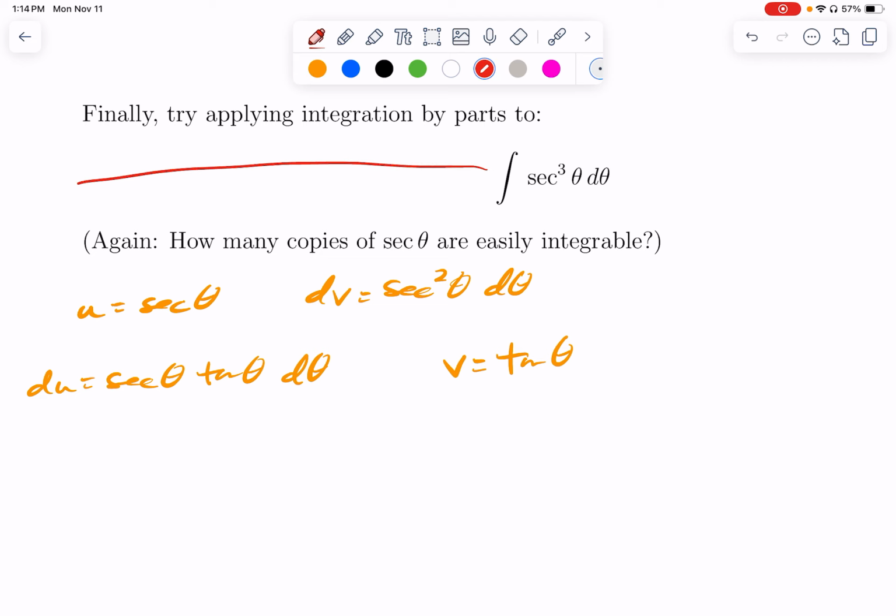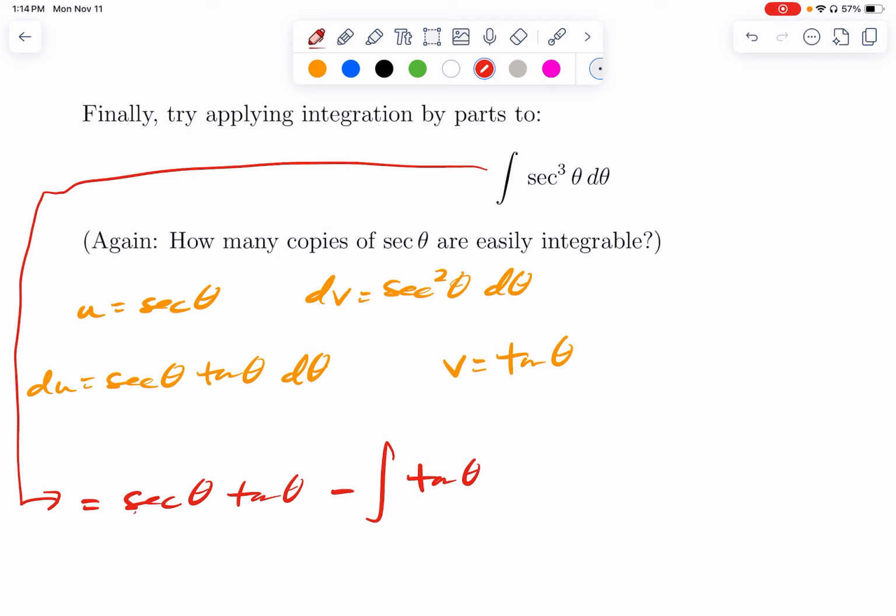So when I do my u substitution, this is equal to u times v minus the integral of v du. So v is tangent theta, du is secant theta tan theta.